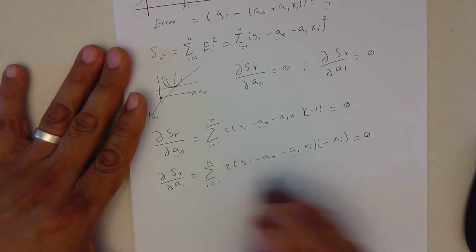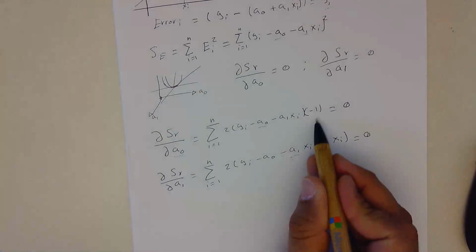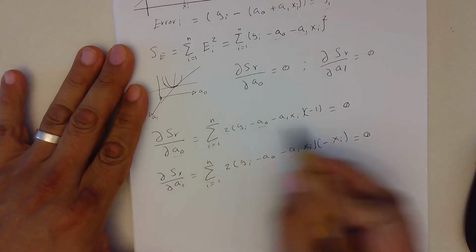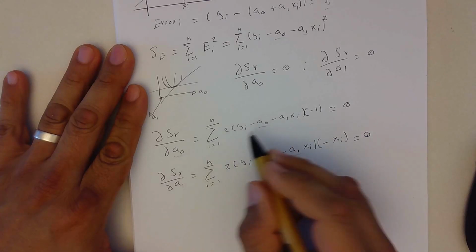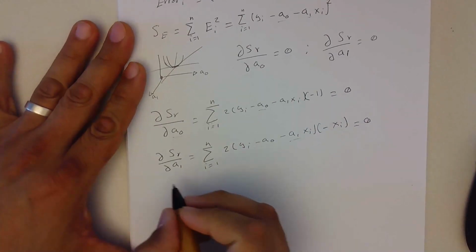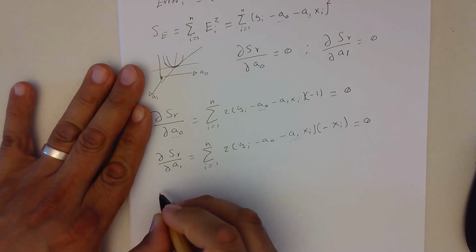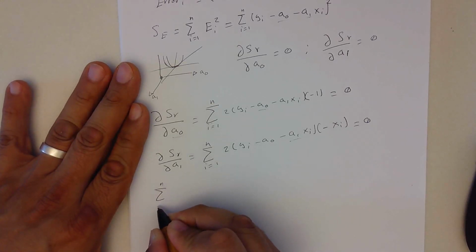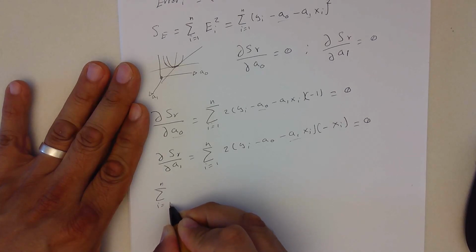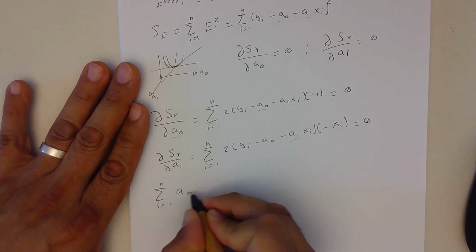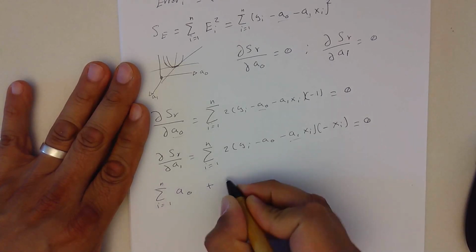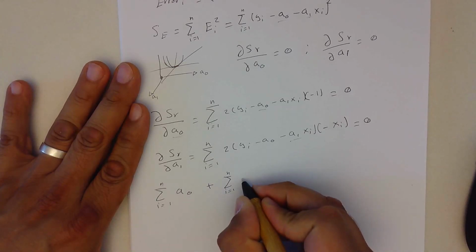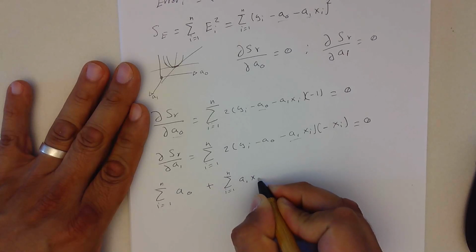Then if we move this internally and also distribute the summation, we will have formulas like this: the summation of yi equals the summation of a0 plus the summation of a1 xi.